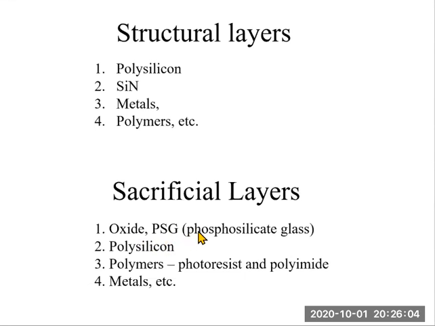PSG stands for phosphosilicate glass, polysilicon, polymers, or metals, all kinds of metals. So we can observe that in many cases, the same material can be used as either structural layer or sacrificial layer, for example, polysilicon, metals, and polymers. They can be either structural layer or sacrificial layer.